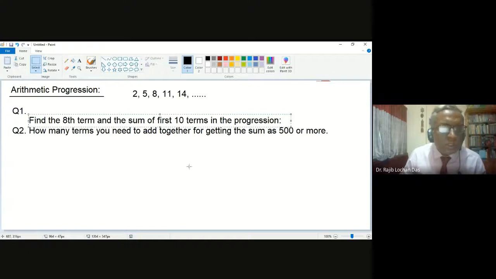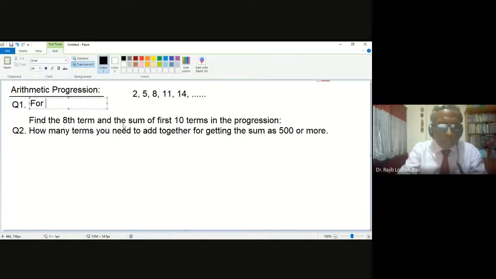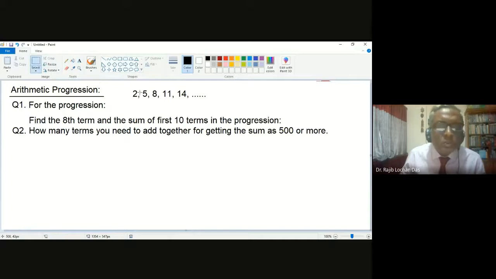This is question 1, for the progression, this one, that is 2, 5, 8, 11.